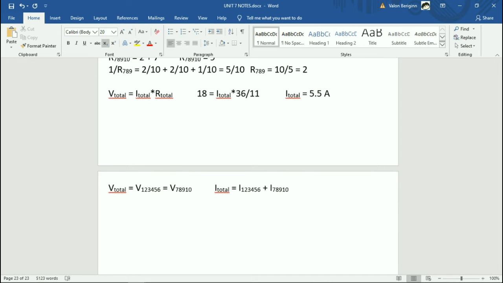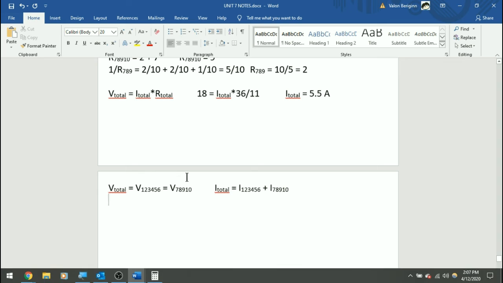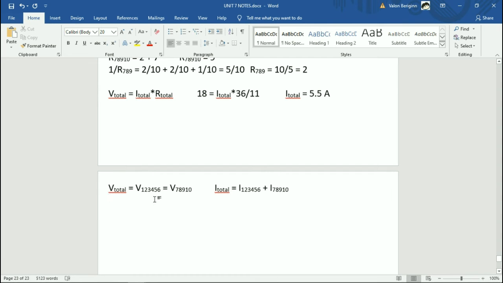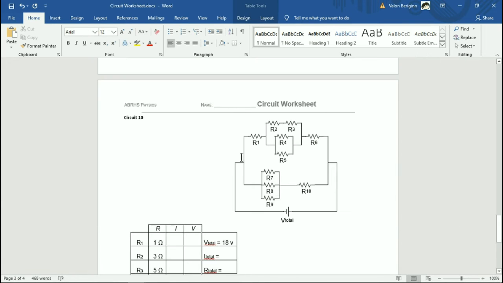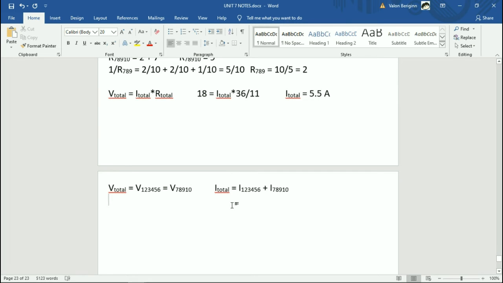So now you got to really think about how you can break this down further. Okay, so let's think about the top spot first. So 1, 2, 3, 4, 5, 6. Okay, so now what are the series pieces here? We have 1, 2, 3, 4, 5, and 6. What's the rule for voltage in series?